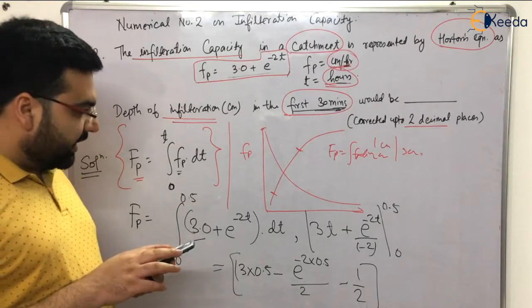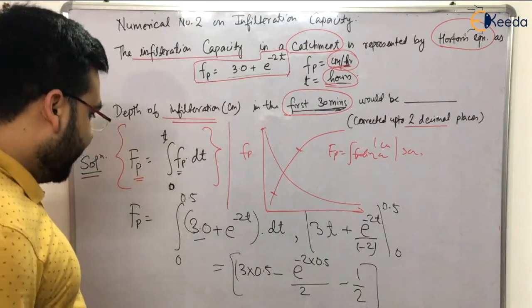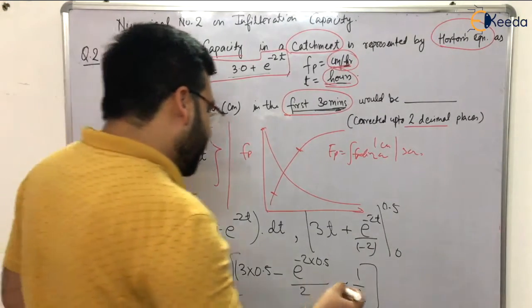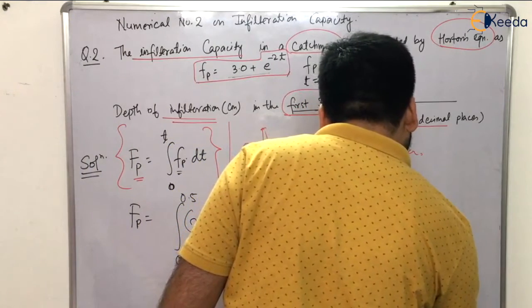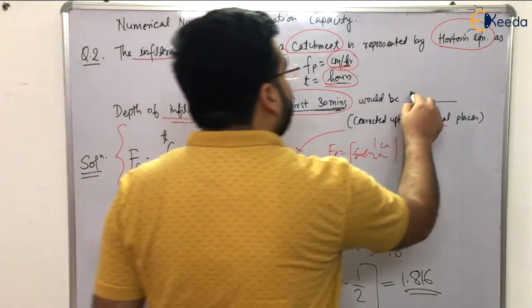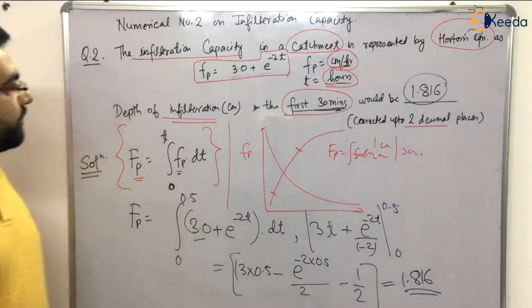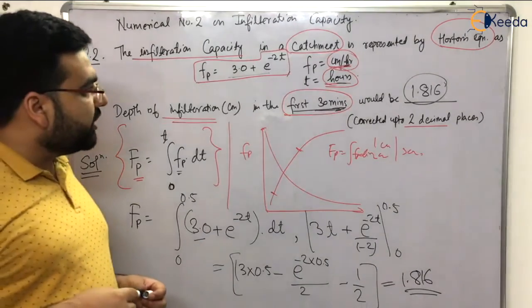So it comes out to be nearly 1.816. So the correct answer would be 1.816. This will be the correct answer. Okay? So I hope that you have understood this numerical.